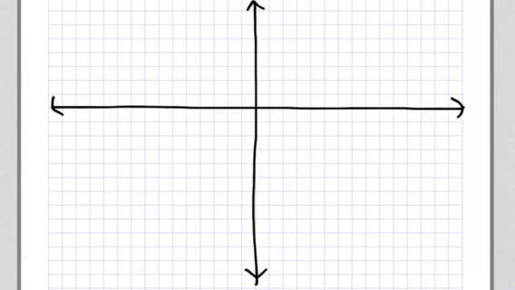Okay, and let's plot our zeros. Where x is 2, we have a 0. Where x is -3, we have a 0. Where x is -1/2, we have a 0.